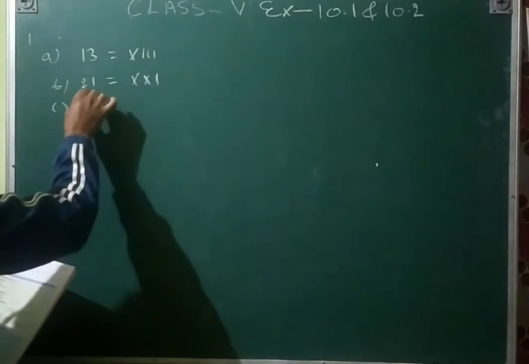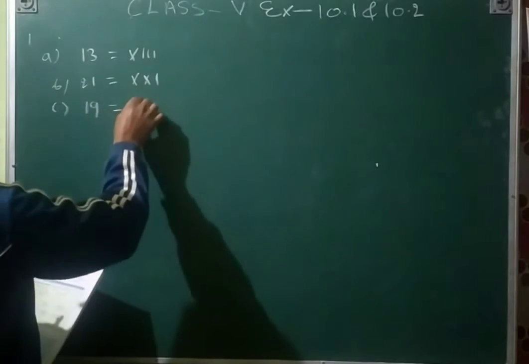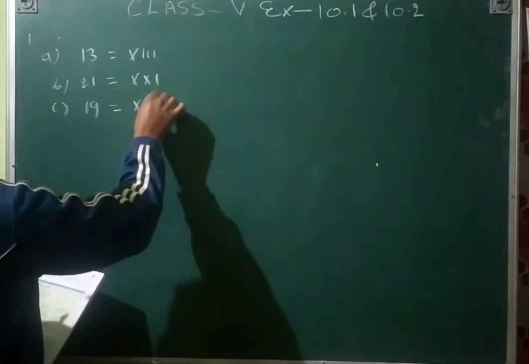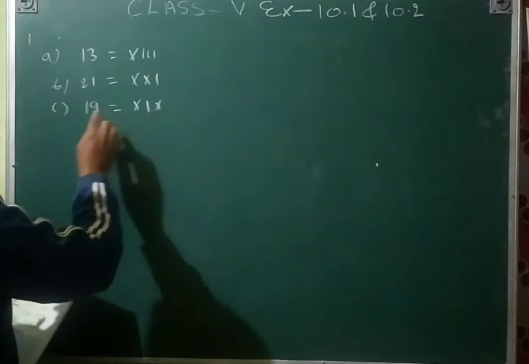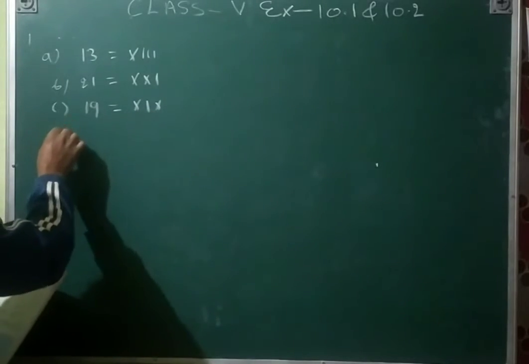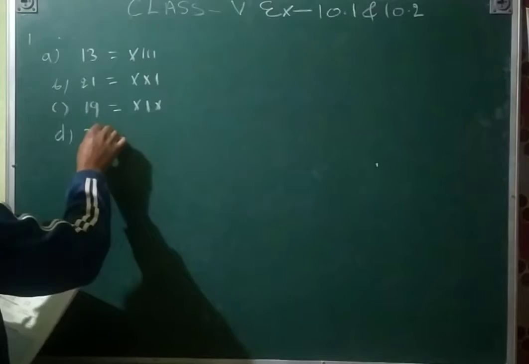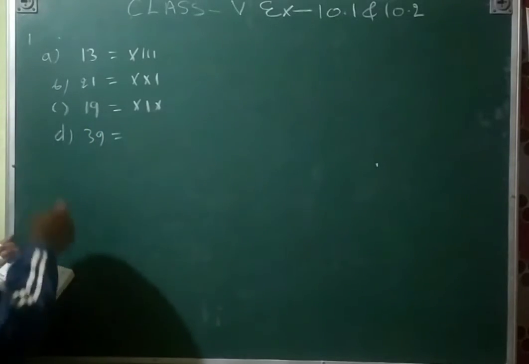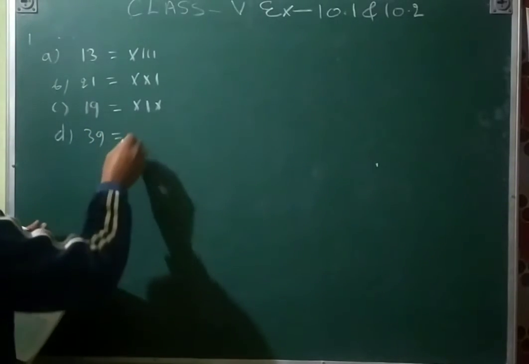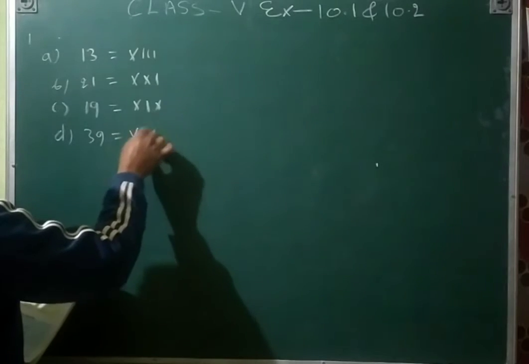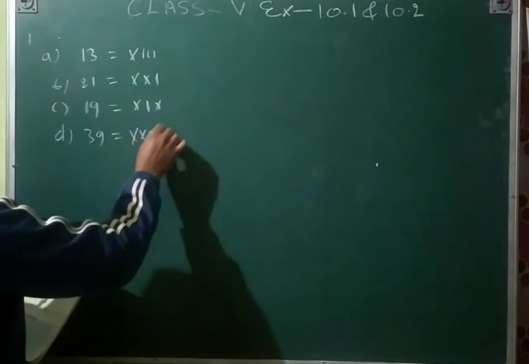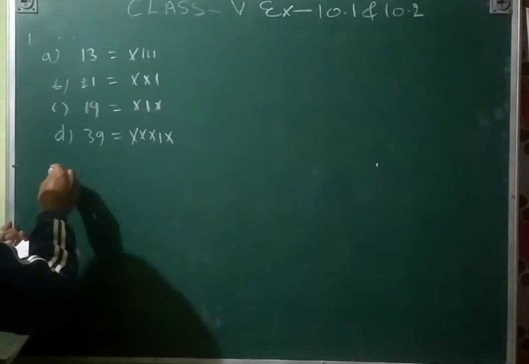C is 19. How will you write that? That is 10 and 10 minus 1, that is 19. And then D, that is 39. Three times you write 10, that is 30, and then 9, that is 39.